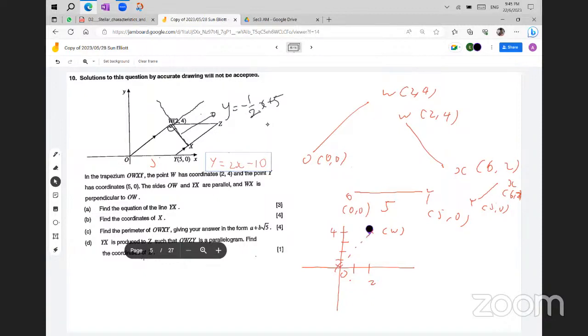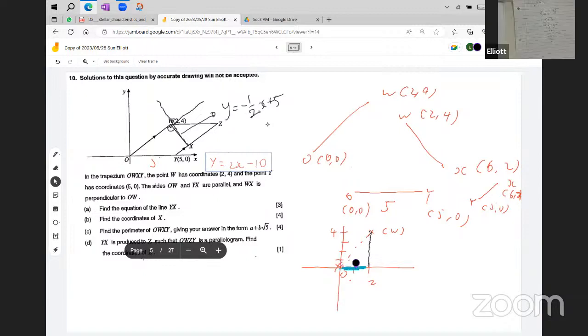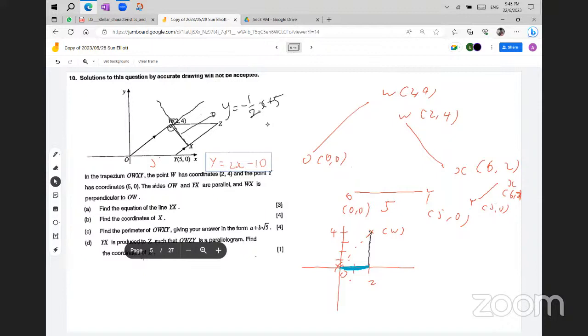Now you see, if I draw this, I change color, I draw a black line. And then now I have a different color, light blue over here. So what does this triangle look like? Is it a special triangle? Right angle triangle. Where is the right angle at? Near the 2 there.